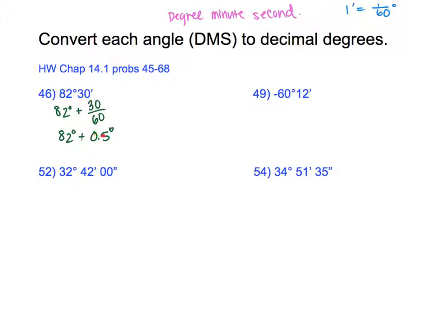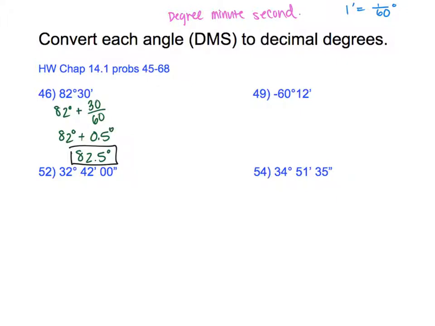Now you can add these two values, so that's 82.5 degrees, and voila. You have converted your DMS, degree, minute, seconds, to just degrees. And this does have a decimal value just because it's whatever's left over in the degree.